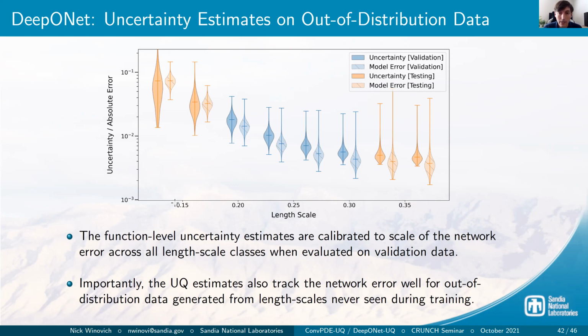And what is nice is that although it's not perfect necessarily, and in general we have an overestimation of the uncertainty to some degree, it does automatically identify that these are harder problems, even though it's never seen those problems before. And it does not freak out and say, we've never seen these before, because they're easier.